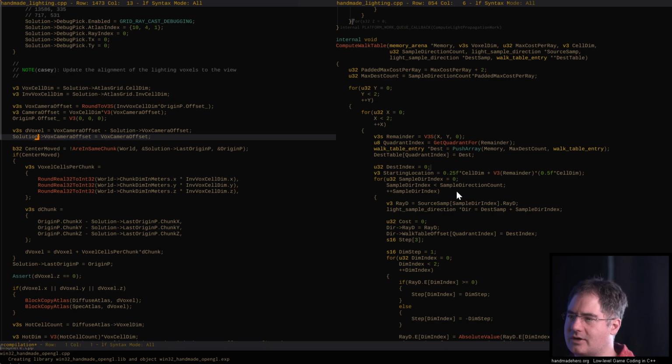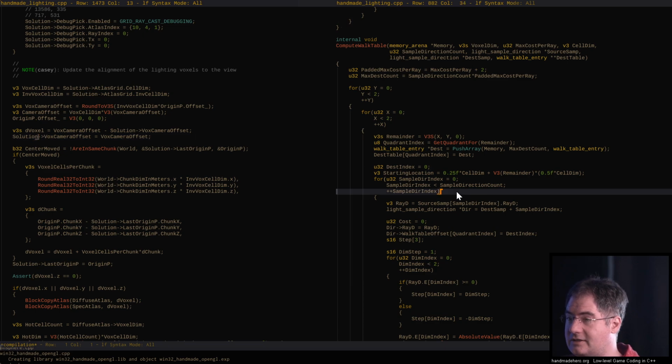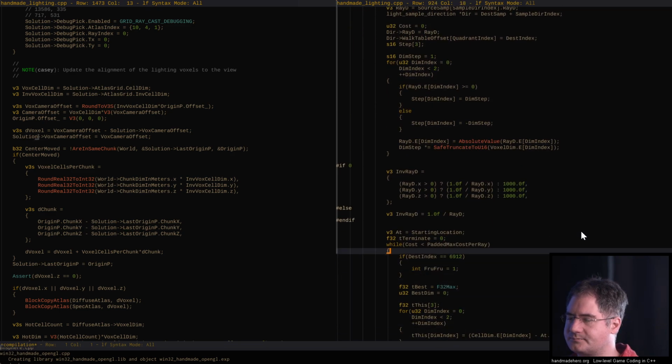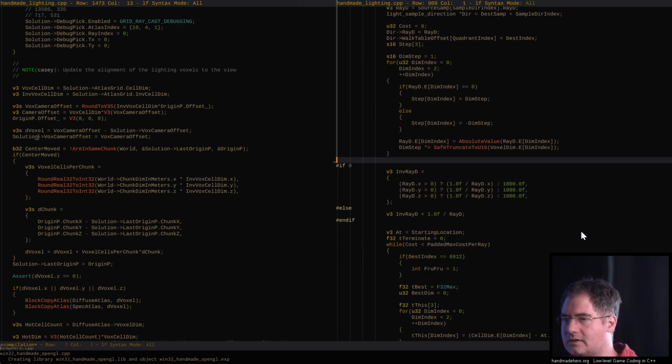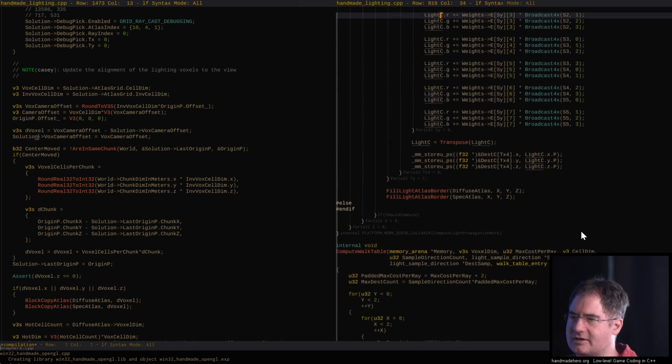We just don't want walk tables anymore, because again, it's just too much complexity for what we're doing. I feel like we should be able to simplify this enough.